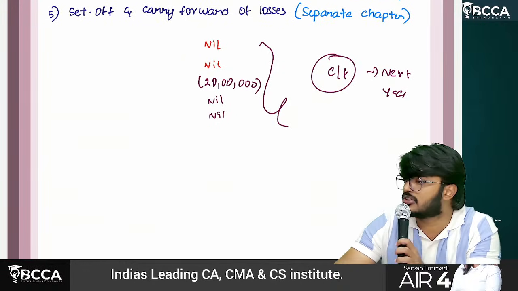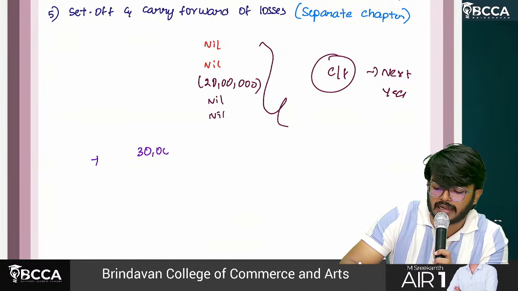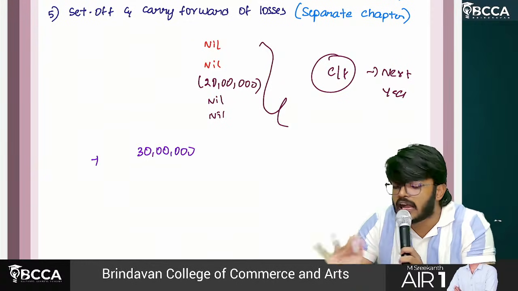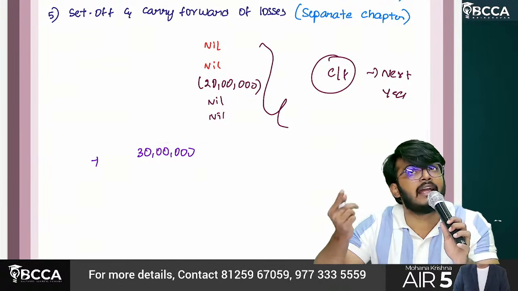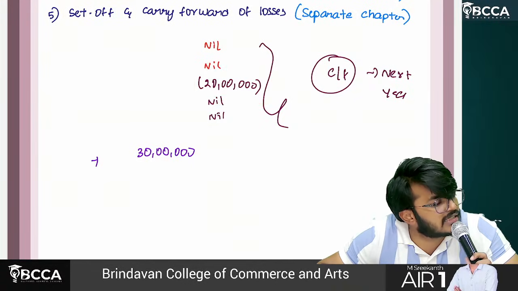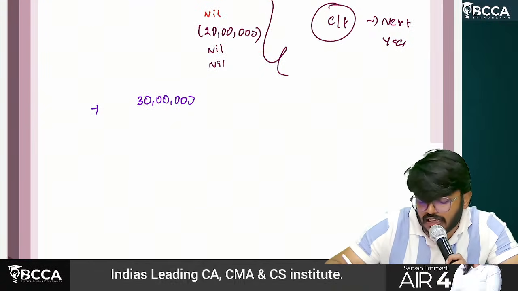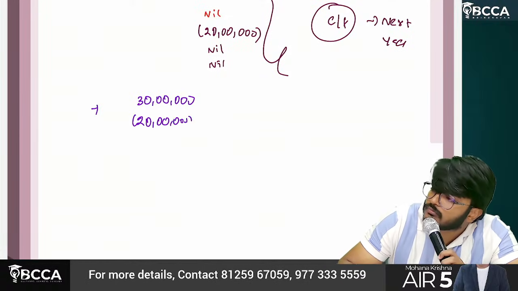Next year we have to check. Assume next year I have got an income of 30 lakh rupees. Now, I will not pay tax on this total 30 lakh. I will say, in last year I have got some loss. How much loss did we have last year? 20 lakhs. So now first I will deduct that 20 lakh rupees loss.